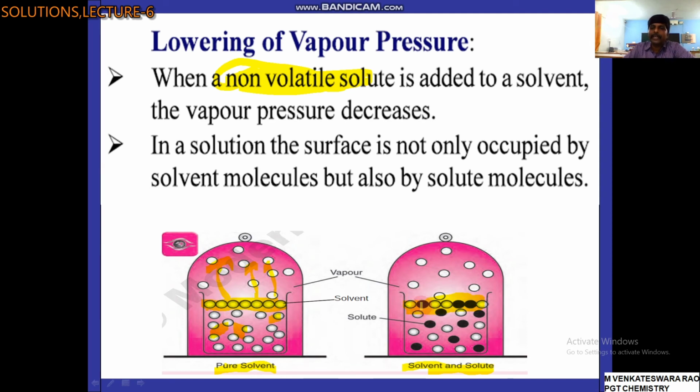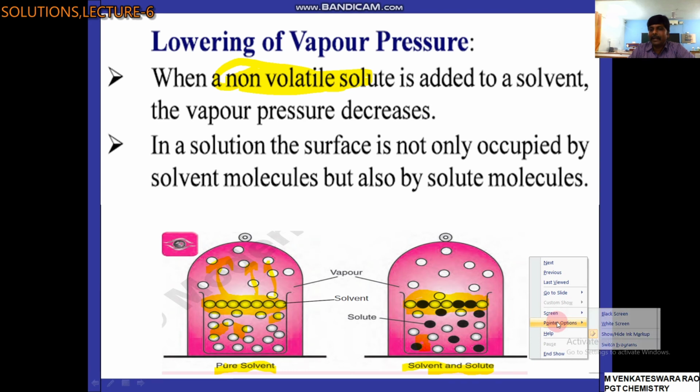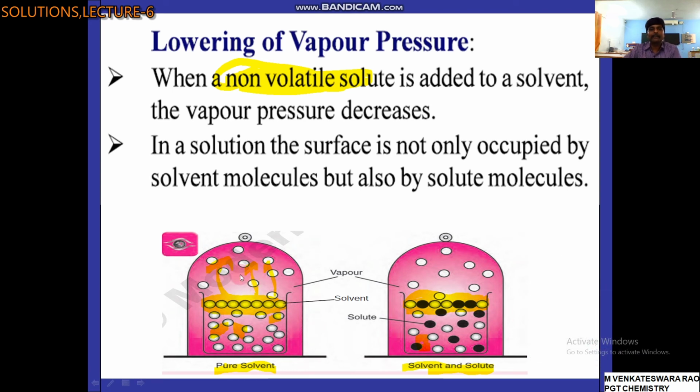So the solute can be anywhere. Now compare the surface area: here the number of solvent molecules is less, there it is more, because there the total surface is occupied only by solvent, but in this case the surface is occupied by both solute and solvent. So the surface area of solvent molecules decreases, so the vapor pressure decreases. This is called lowering of vapor pressure.